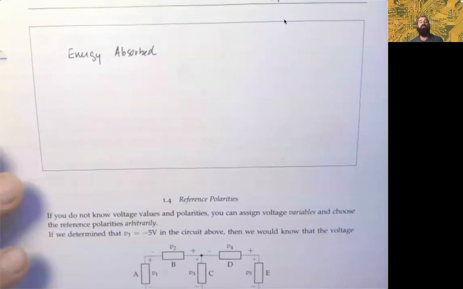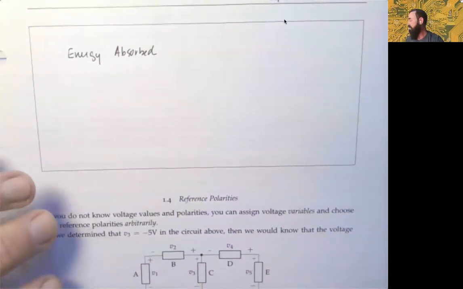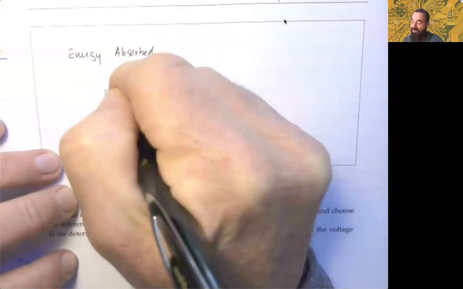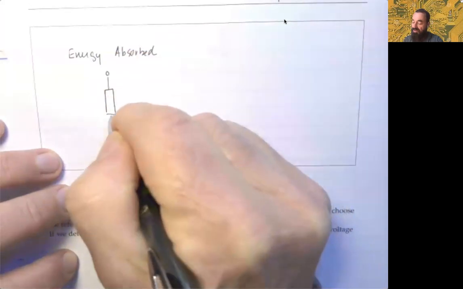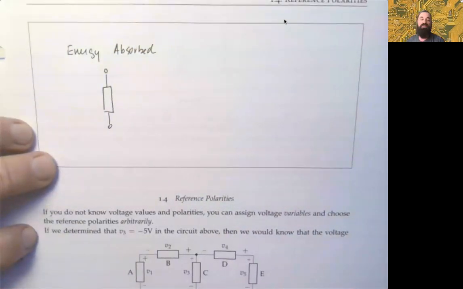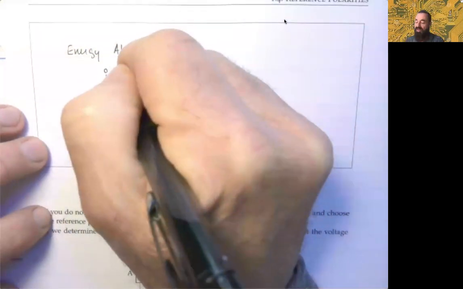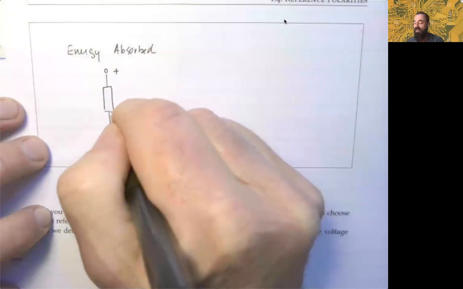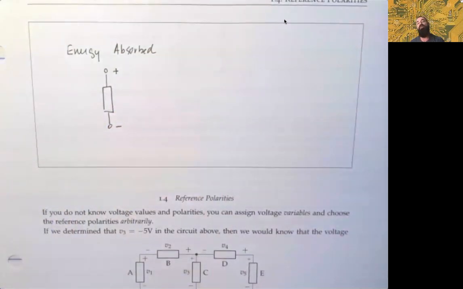We're doing this for an arbitrary circuit element. For that arbitrary circuit element, we'll just draw a very simple box diagram with two terminals, one on top and one on bottom. And let's represent arbitrarily that the top terminal has polarity plus, and the bottom terminal has polarity minus.